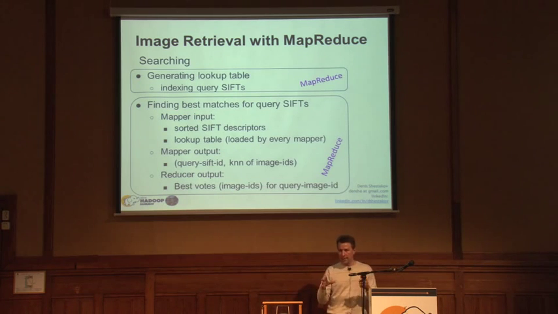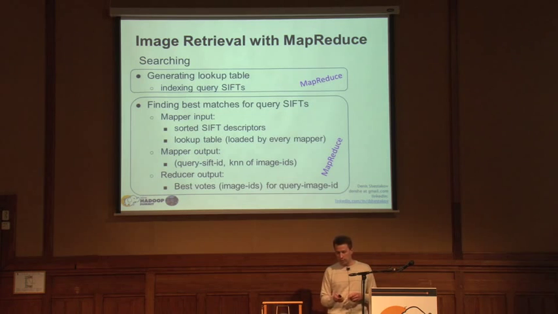But this particular MapReduce job is much more typical of a regular MapReduce workload, because here we have, as usual, the original map input, but the map output is much smaller.